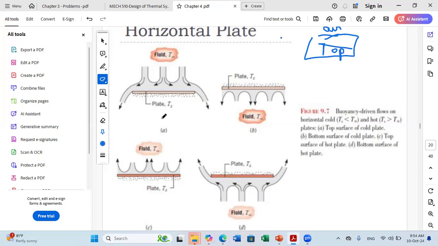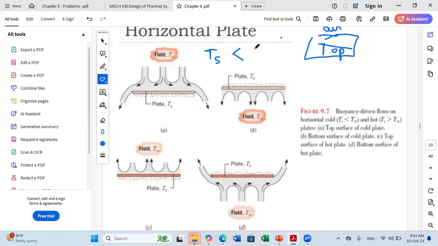If I have A, B, C, D, you remember what is the difference? We said that for A and B, the flow is moving downward, meaning T surface is smaller than T infinity.